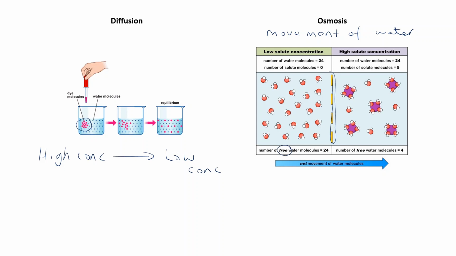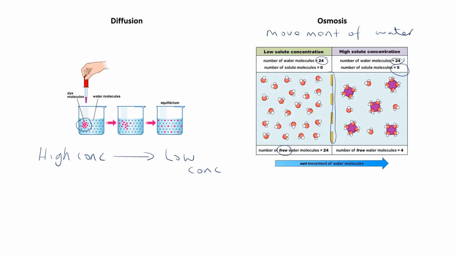So the solutes might be something like sodium chloride, might be something like glucose or something like that. The other side of the membrane, you can see that there are 1, 2, 3, 4, 5 molecules of solute, whatever it is. The number of water molecules is identical on both sides, 24 here and 24 in the chamber with the solute.